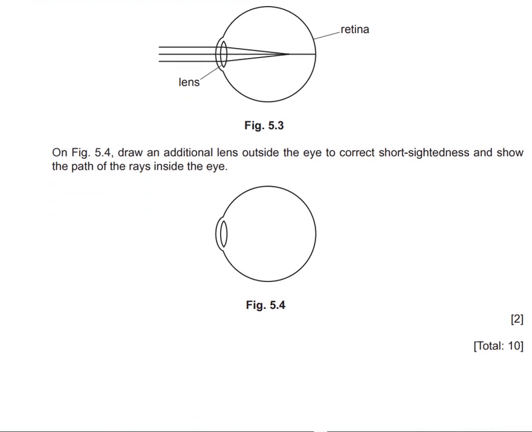So they want us to draw an additional lens outside the eye to correct the short-sightedness and show the path of the ray inside the eye. So we correct it using a concave lens or a diverging lens, and of course we have the rays coming.